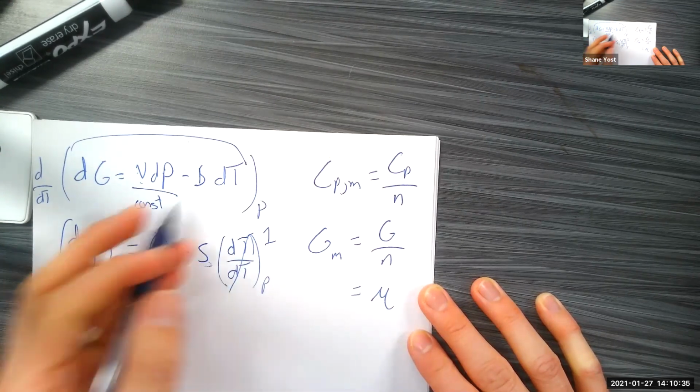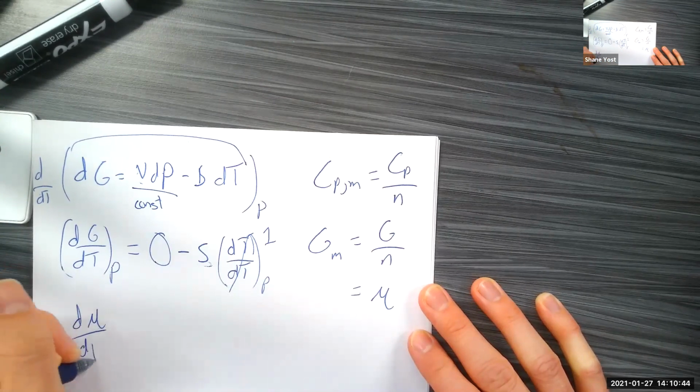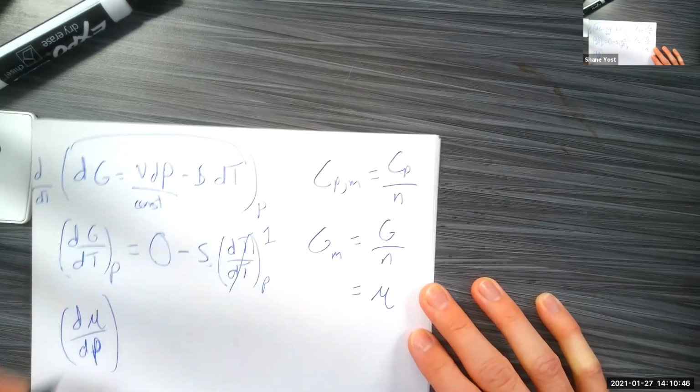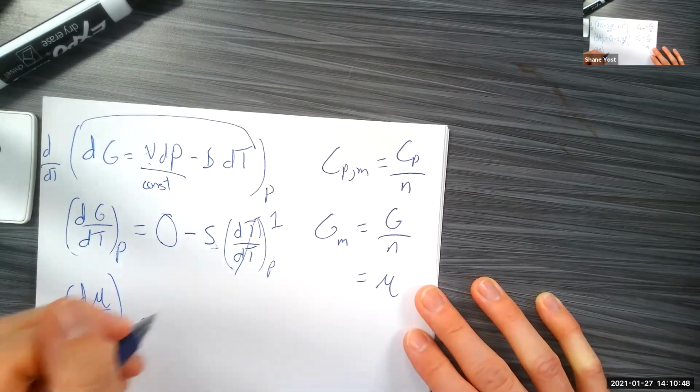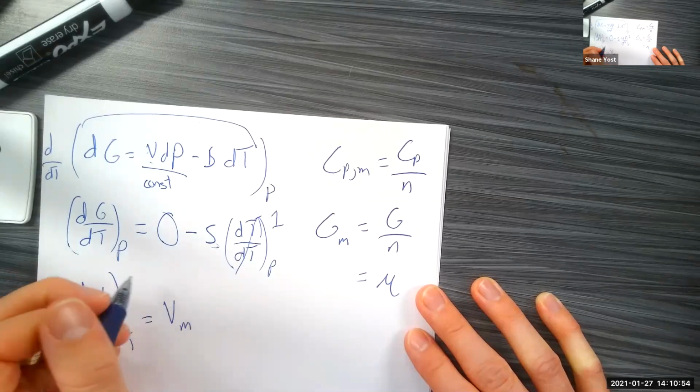And you can use this equation to also show that the change in chemical potential with respect to change in pressure, P, under constant temperature, is just the molar volume, the volume per mole that a substance occupies.